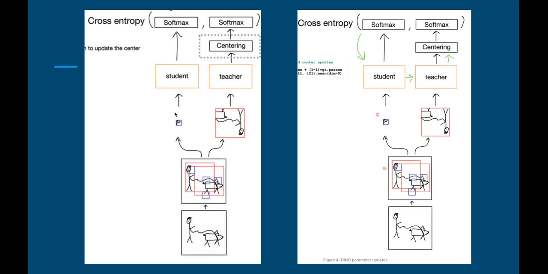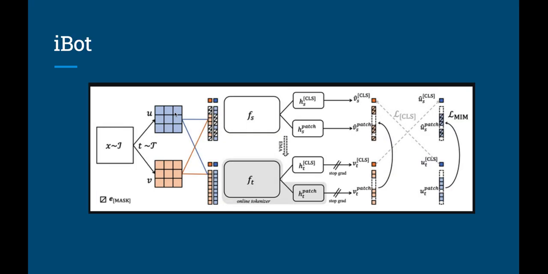Enough about that. Next is iBOT. iBOT is another architecture which is for local details and parts. So it's a patch-level objective. Basically, the student network gets an image with patches that are randomly masked out, meaning blacked-out parts of the image, and the teacher gets to see the full image.